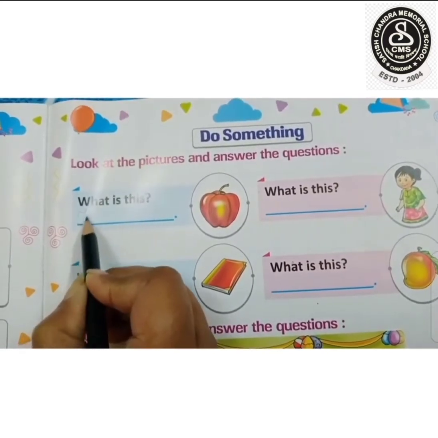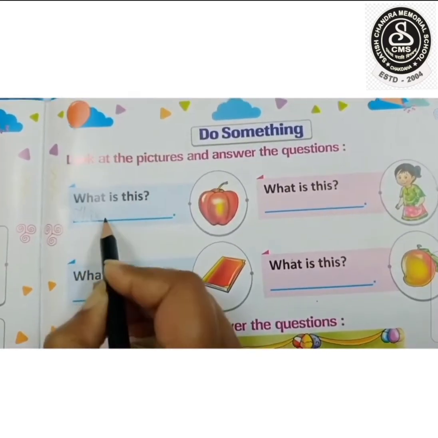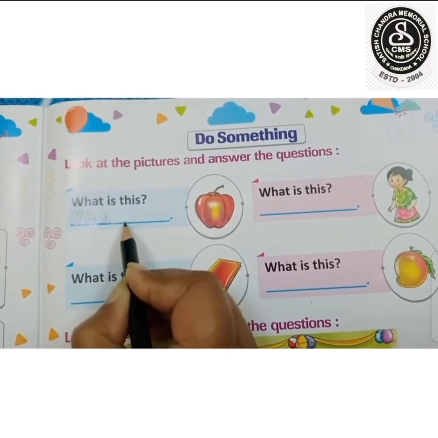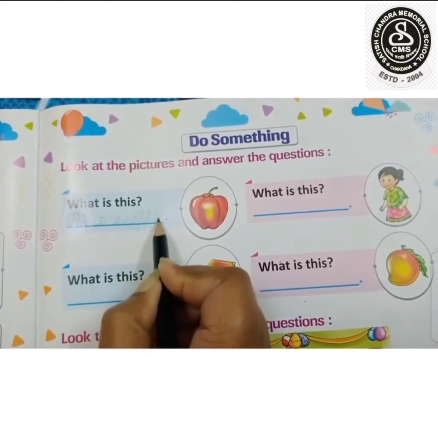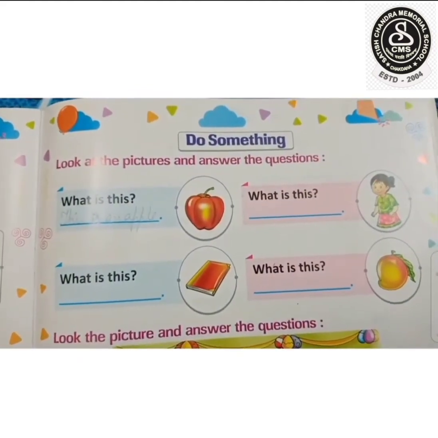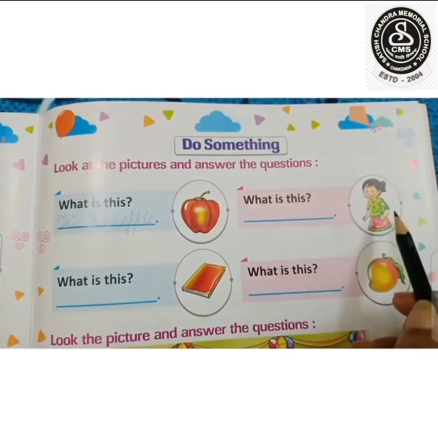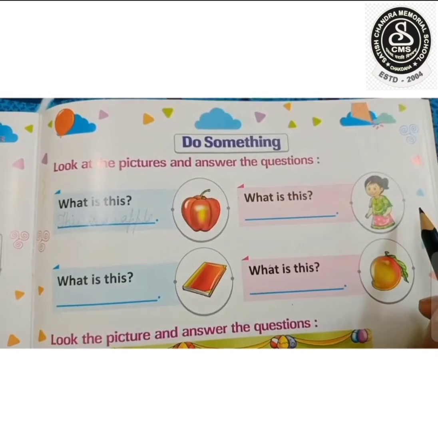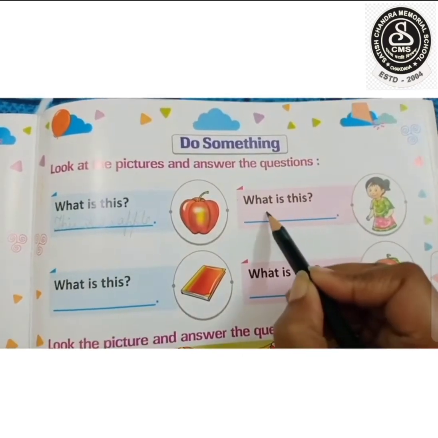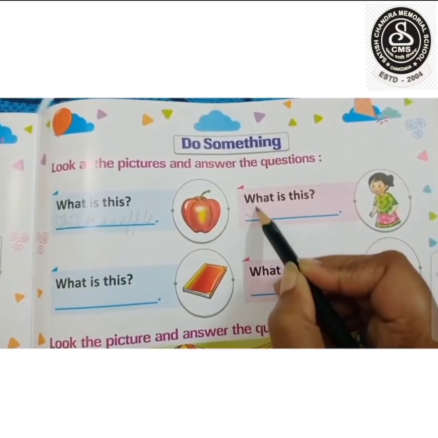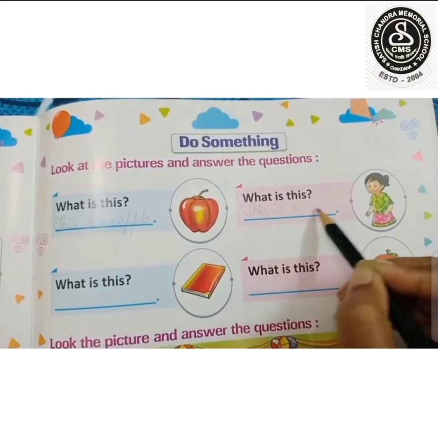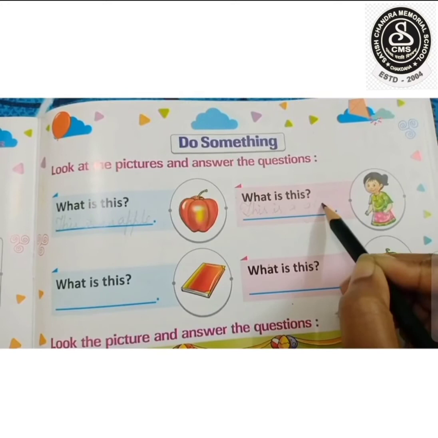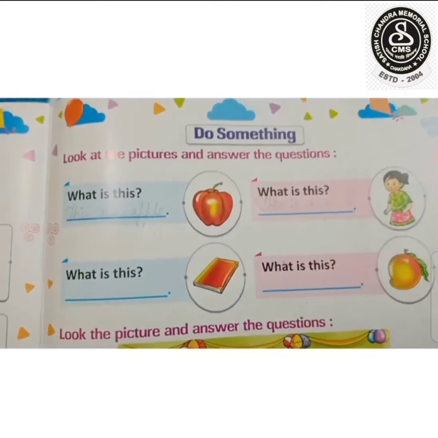This is an apple. Now next one. What is this? What we can see here? It's a picture of a girl. So we will write this is a girl.